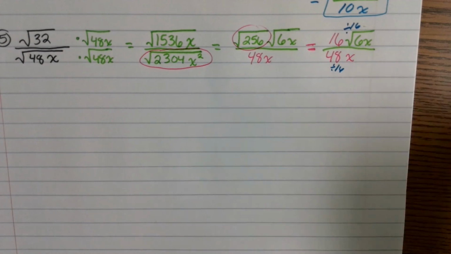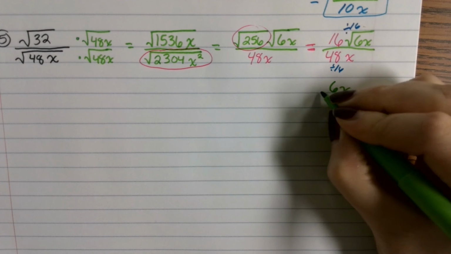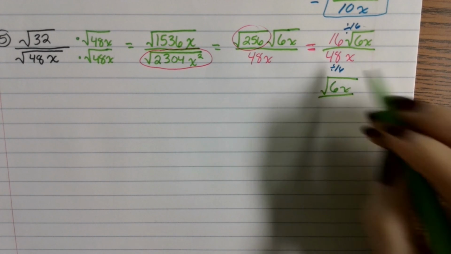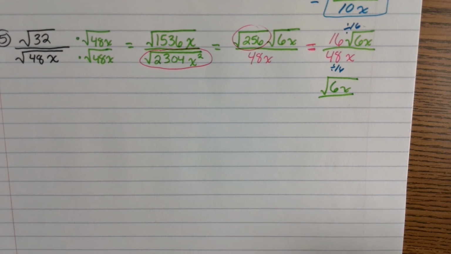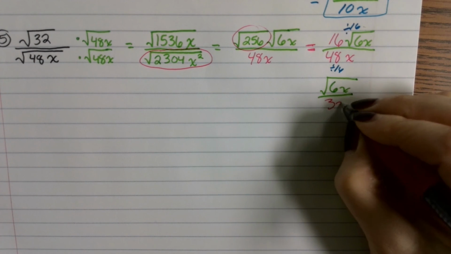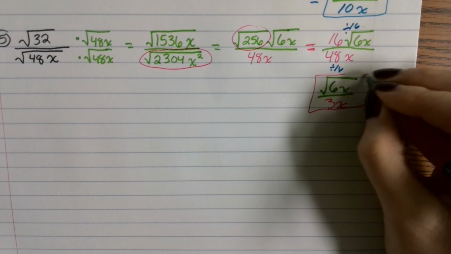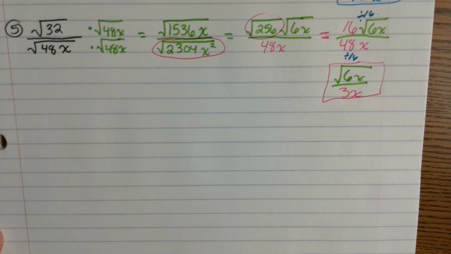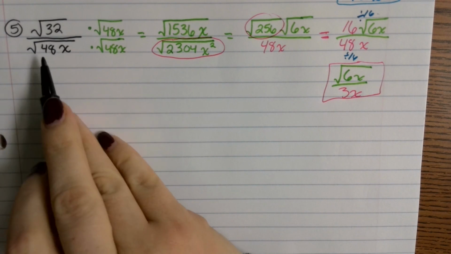Okay, so that's going to leave me with square root of 6x over, and then 48 divided by 16 is going to leave me with a 3, so we get 3x, and that's your final answer.